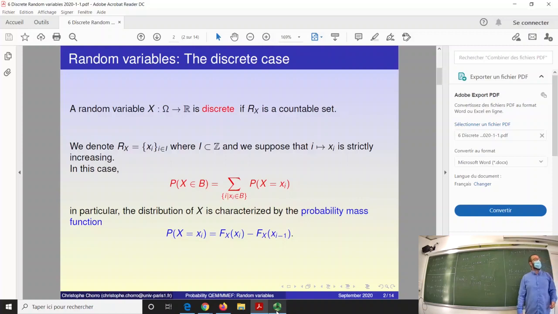So we are going to see examples and introduce some classical distributions. We are going to see together the uniform distribution, the Bernoulli, the binomial, the geometric, and the Poisson distribution. That will be the 5 distributions for this part of the course.